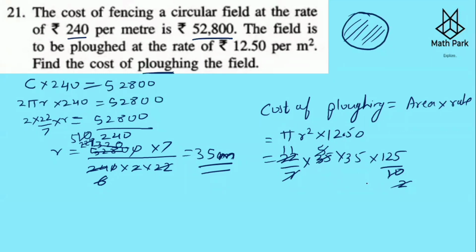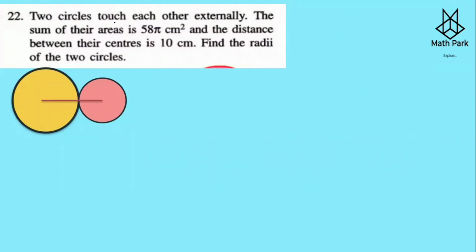So find the product of 11 times 35 times 125. You get this as 48,125. So rupees 48,125 is the cost of plowing the circular field. Got it?